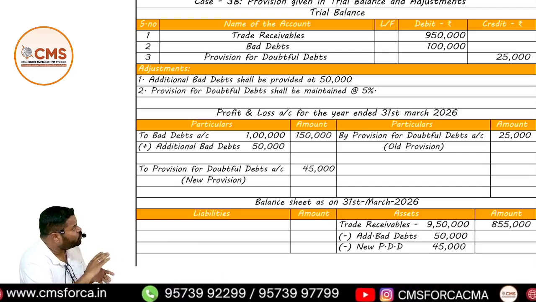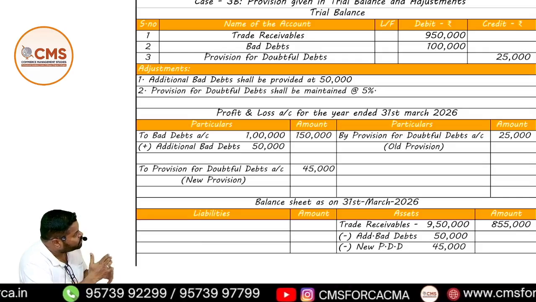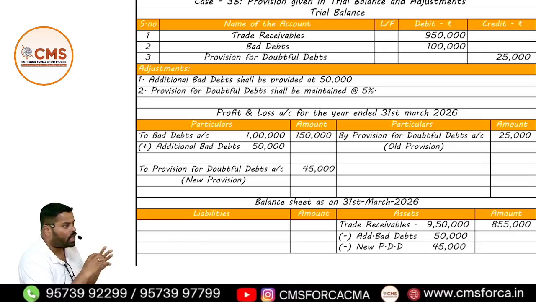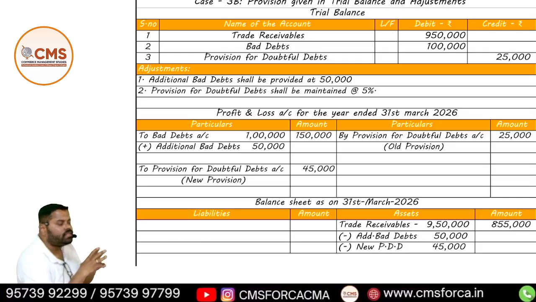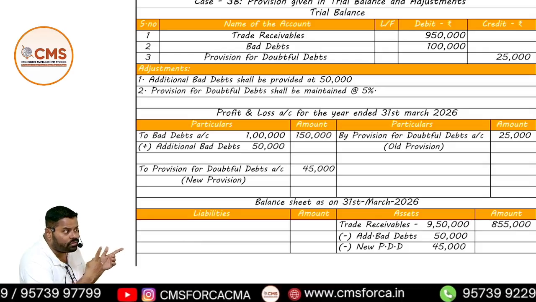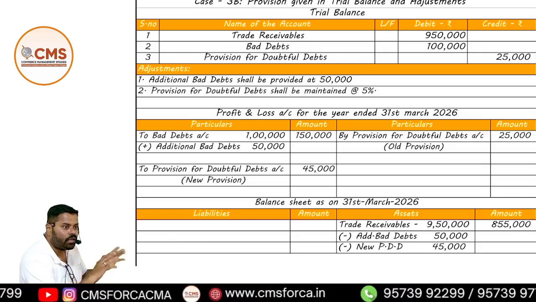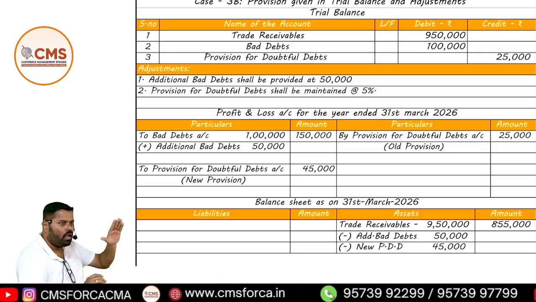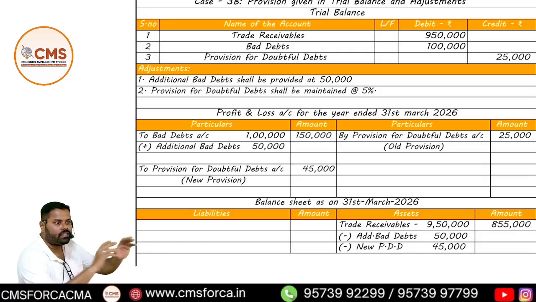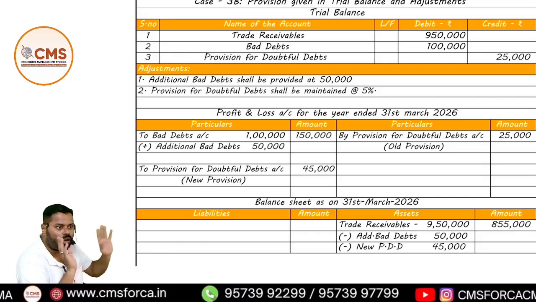So already you have a shock of 1 lakh. Balance 950 is sitting there, and suddenly you realize that another 25,000 out of this 9,50,000 is doubtful. Are you getting it? I'm combining both scenarios now: confirmed loss and anticipated loss. The confirmed loss is 1 lakh. 1 lakh is gone already.